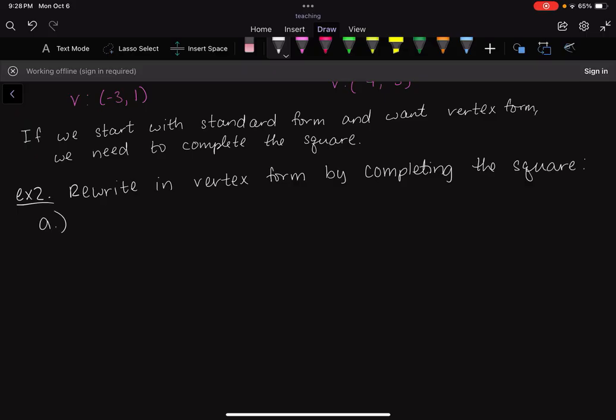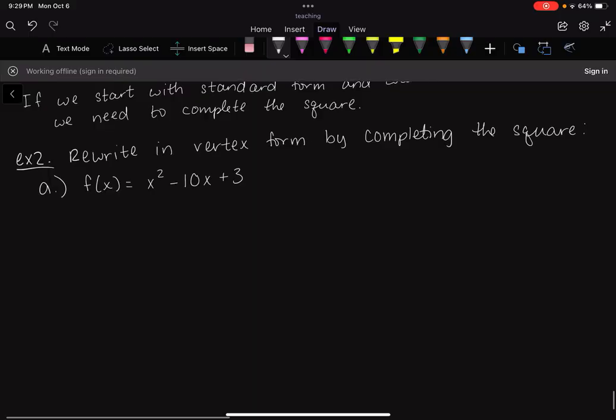So part A, let's do f of x equals x squared minus 10x plus 3. And of course I'll do more, but we'll just start there.